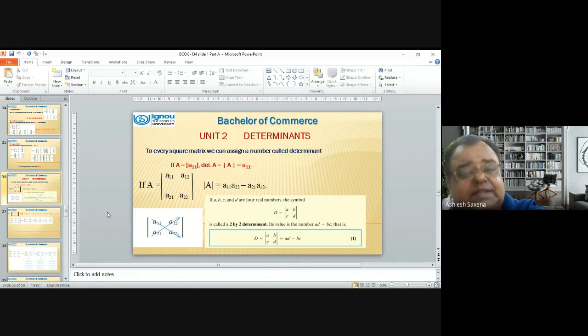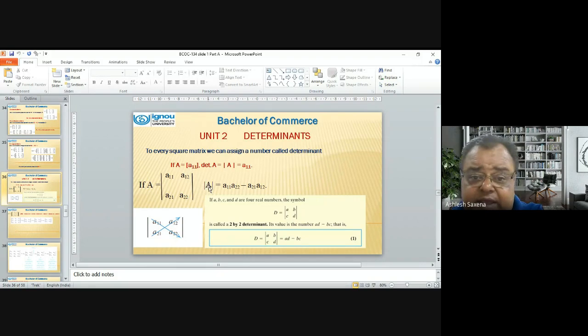Now the thing is how this mod A or determinant of a matrix is calculated. Listen to it very carefully. It's a very interesting part now. We have a matrix A11, A12, A21, and A22. We have to calculate its value now. See the difference over here.